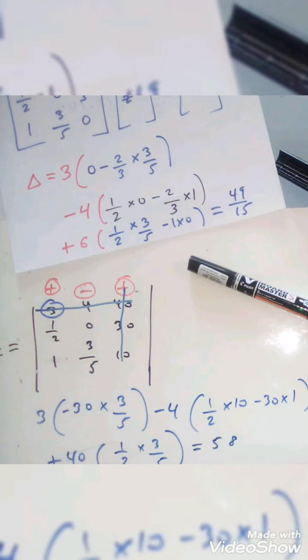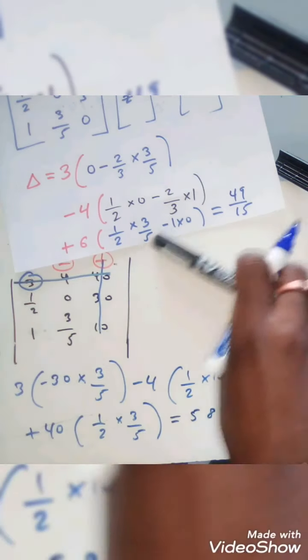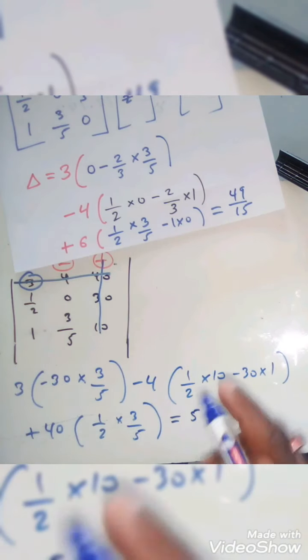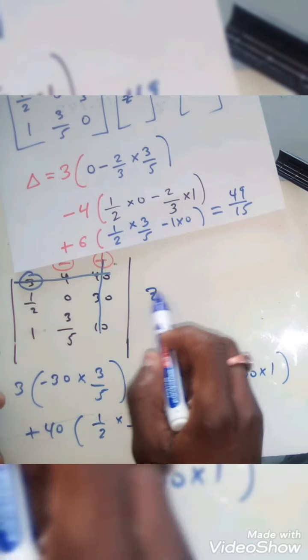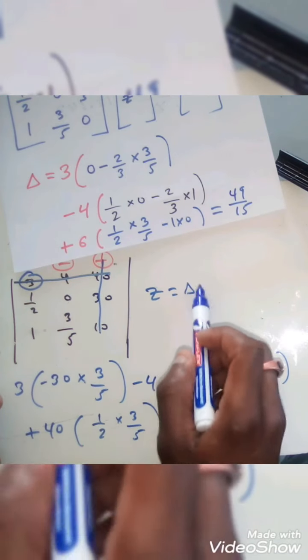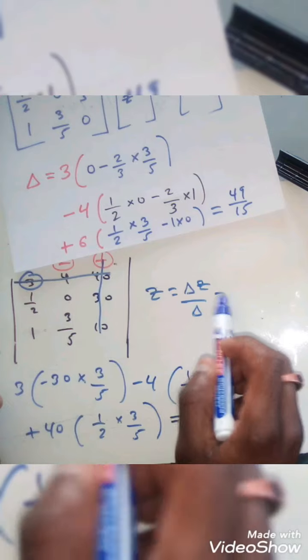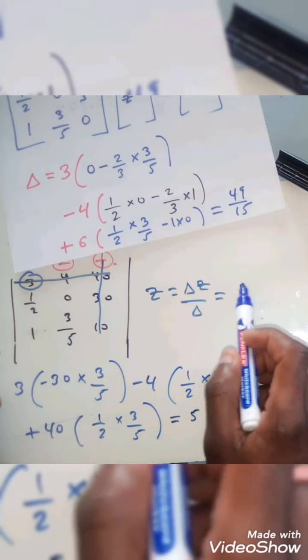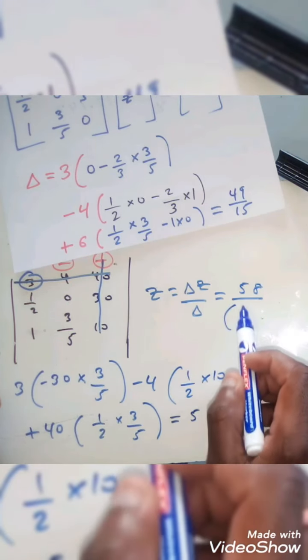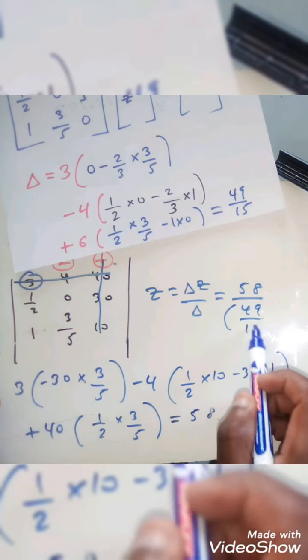So just like in 2 by 2 matrices, after you get your delta Z and then you get your delta, the value of Z is going to be delta Z divided by delta. Delta Z, we found it as 58. The value of delta was 49/15.